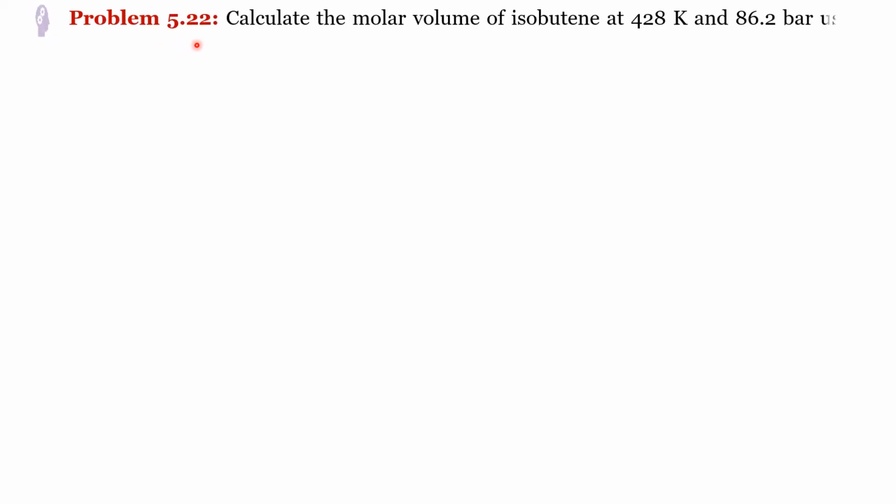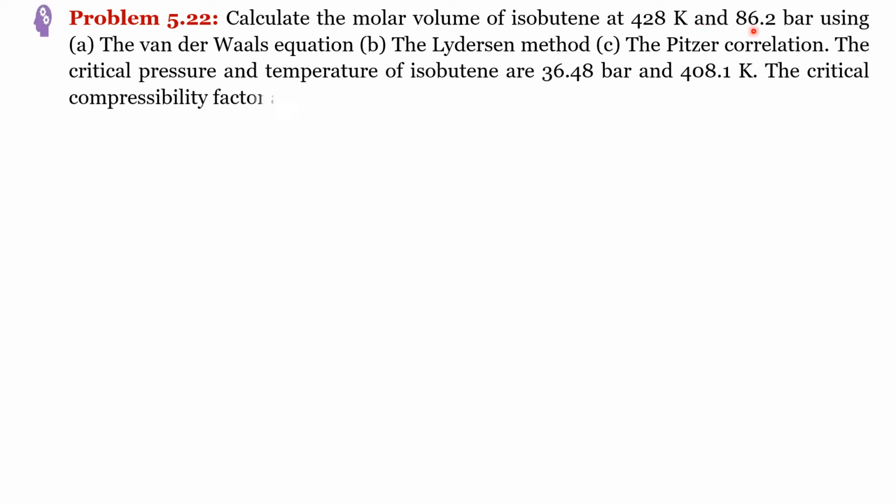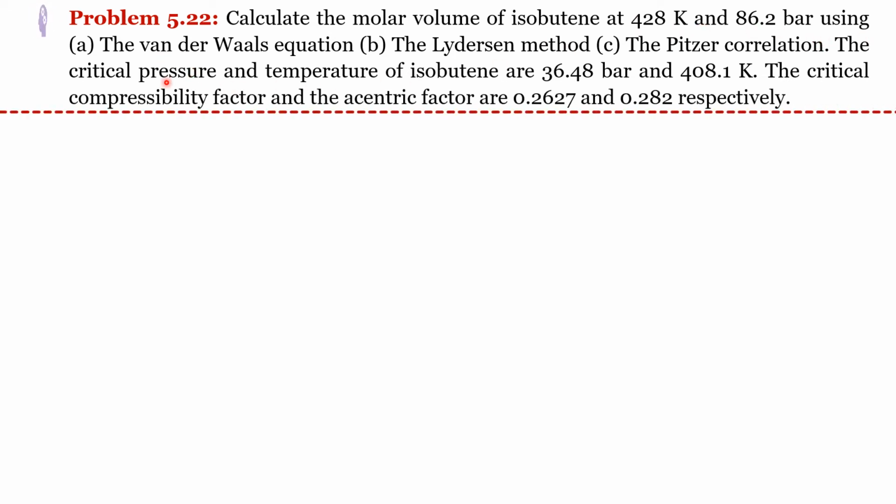Problem number 5.22. Calculate the molar volume of isobutene at given temperature and pressure using three methods. So the problem is almost the same. Again we need to estimate the molar volume using van der Waals equation, Lederson equation and Pitzer correlation.